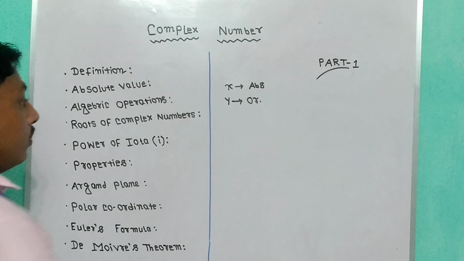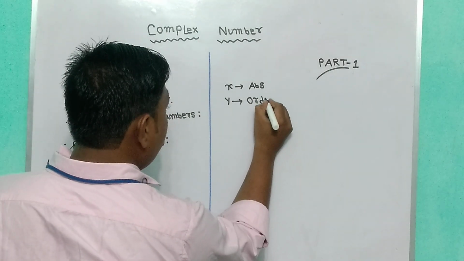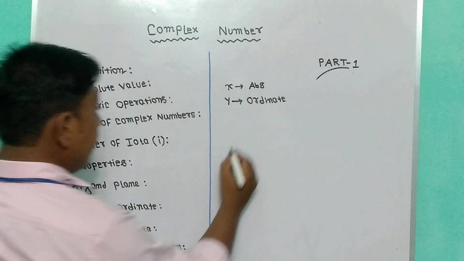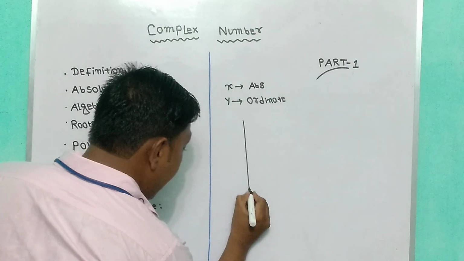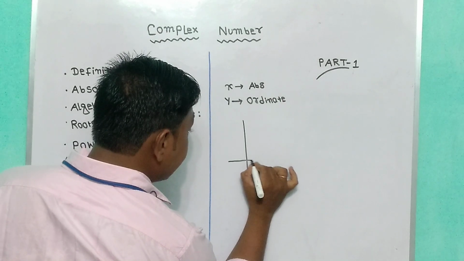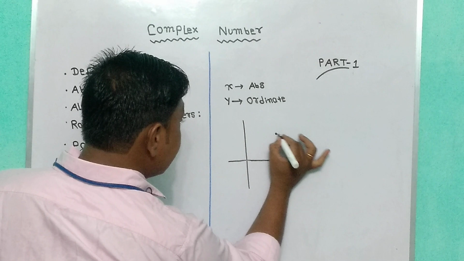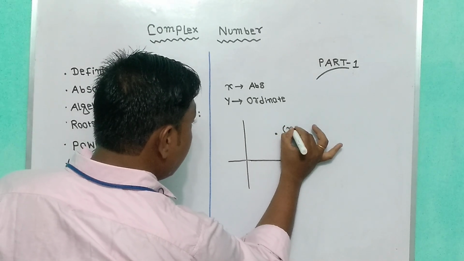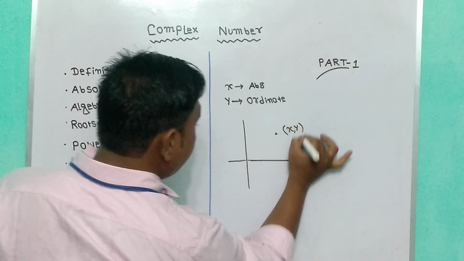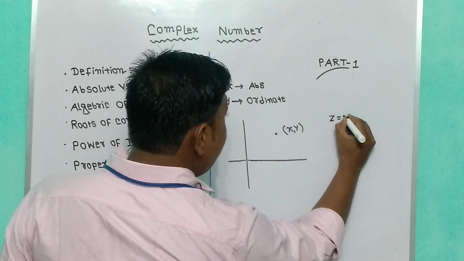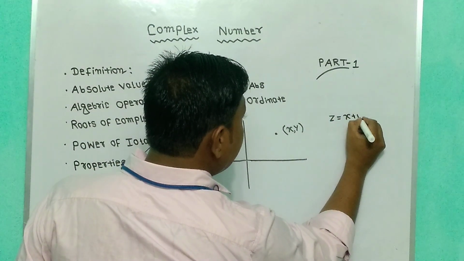See here, I draw one axis. Suppose here one point is x comma y. x comma y means z equals x plus iy. Clear?